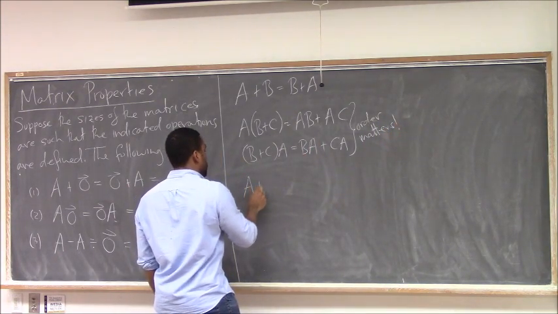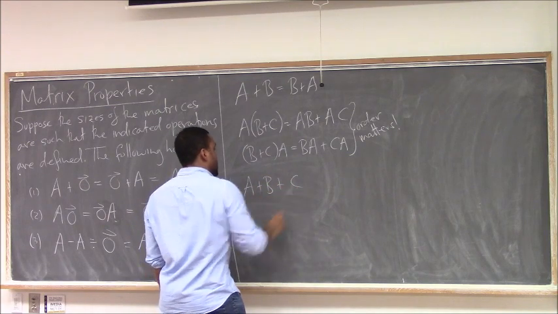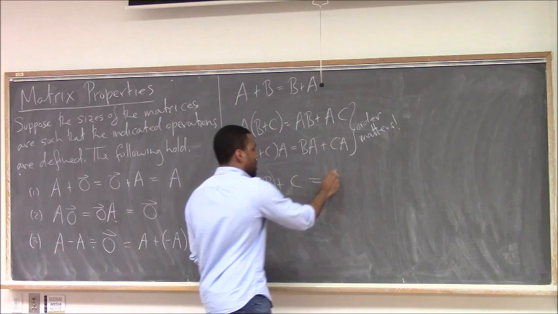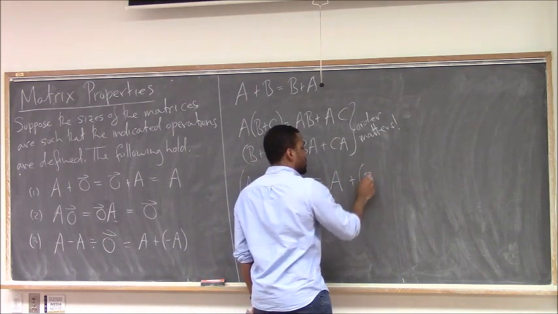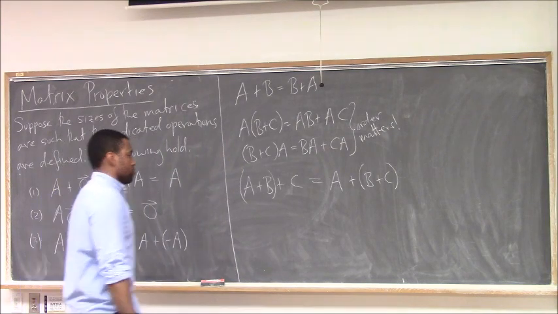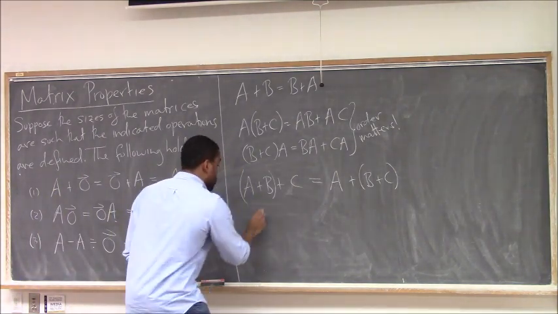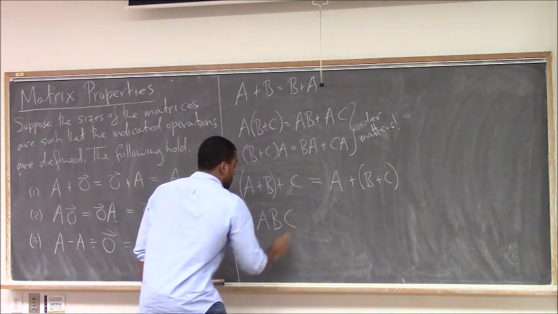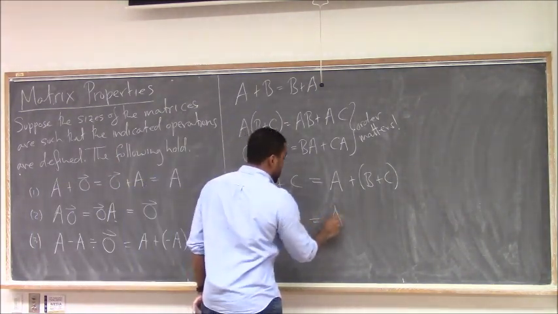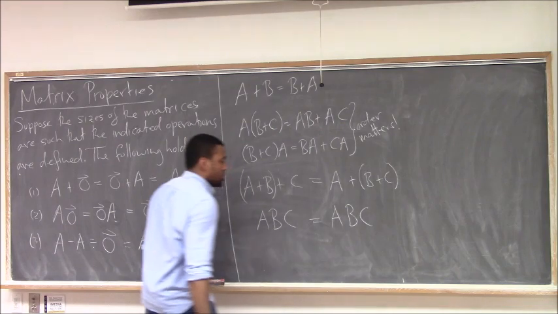Addition is associative. So if you're adding 3 things together, you can just add 2 at a time, and it actually doesn't matter which 2 you decide to add. So addition is associative. Multiplication is also associative, by the way. So if you're multiplying 3 matrices together, it actually does not matter what pair of matrices you decide to multiply first.